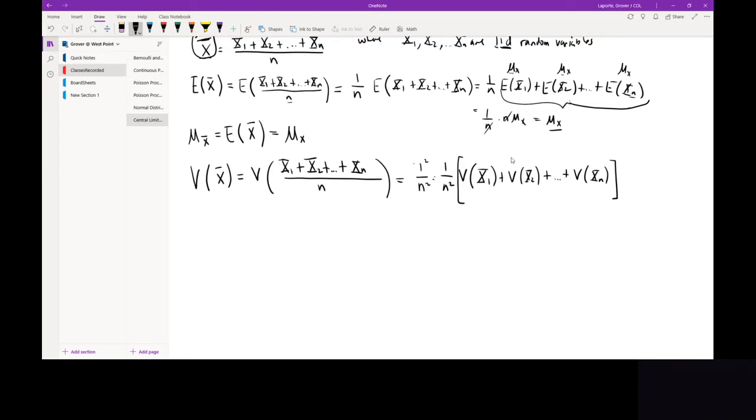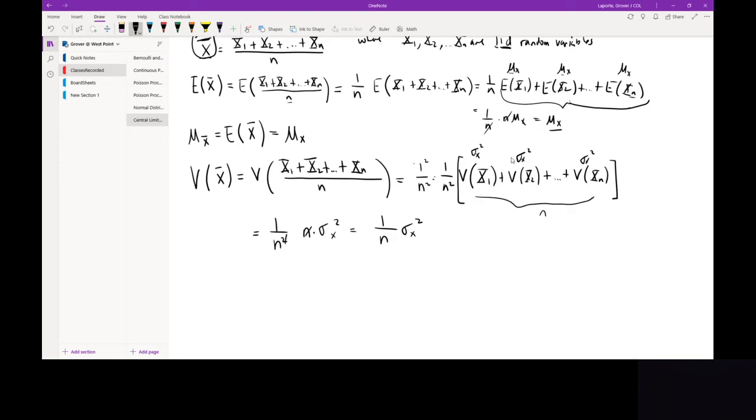We know that each has an underlying variance, sigma x squared. So we have 1 over n squared times n sigma x squared, because we have n of these, which equals 1 over n squared times n sigma x squared.